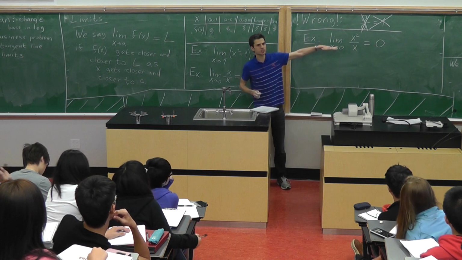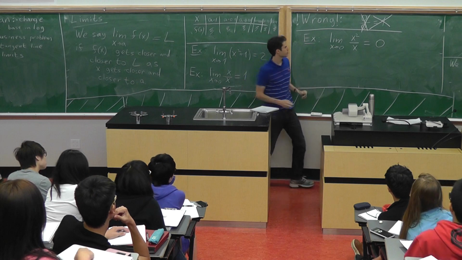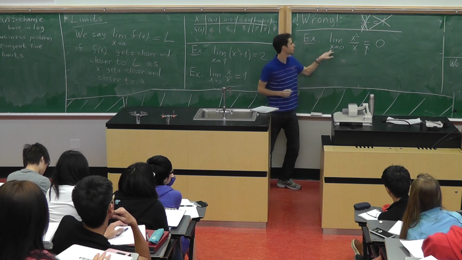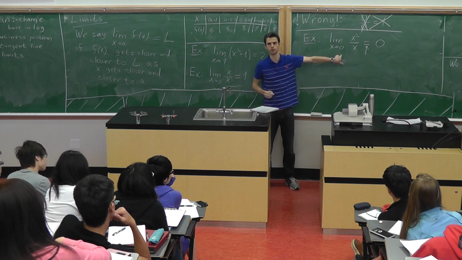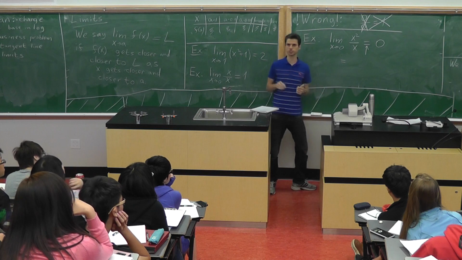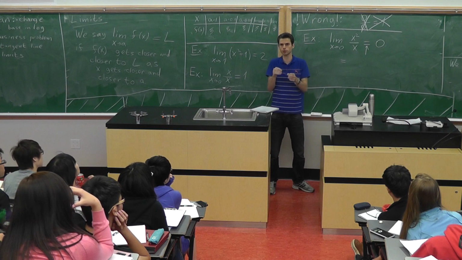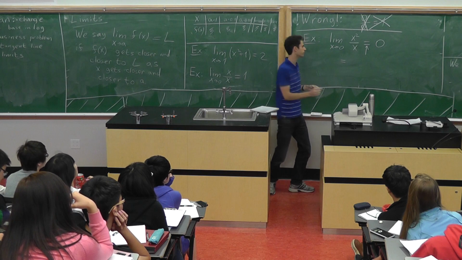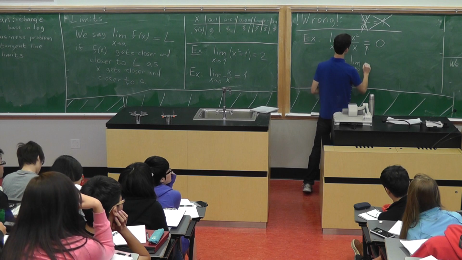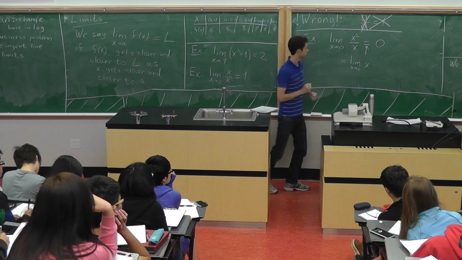So the reason here is, well, let me write the reason. For every point where x is not equal to 0, this expression is equal to x. And of course I'm interested only when x is small, close to 0, but not exactly 0. So this is the same as limit as x tends to 0 of x.